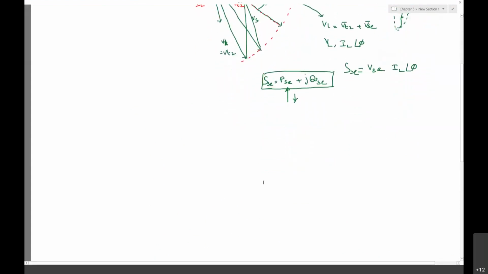But once you try to understand the different voltage compensation methods, I'll explain the voltage compensation methods which are there in the literature. They fix this particular IL phasor, the load current phasor.